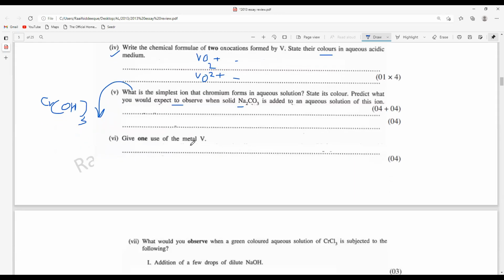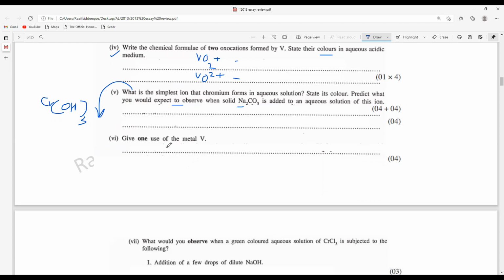Give one use of the metal V. Always when you are asked about the use of metals, typically we say it is used in the production of alloys. That is one of the answers that is possible. The other answer that I am trying to explain to you, write down, is the vanadium catalyst.